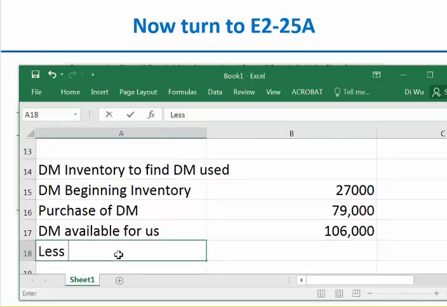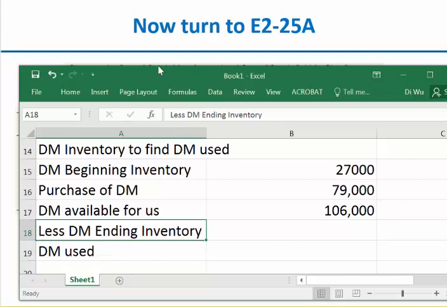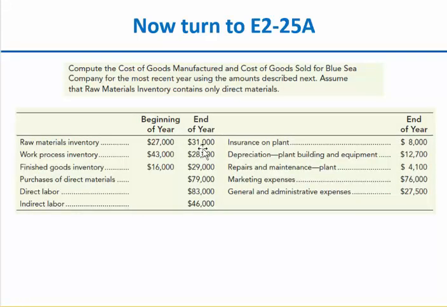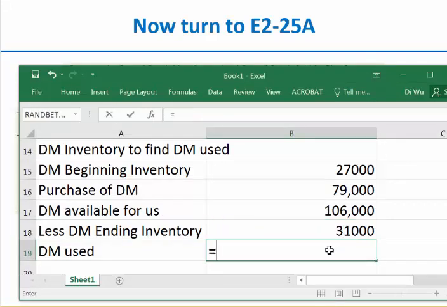Then I'm going to look at the direct materials ending inventory, so that I'm able to find direct materials used. The ending inventory is given also. That's 31,000. So I'm going to put 31,000 here. Then the next step is I'm going to look at the subtraction.